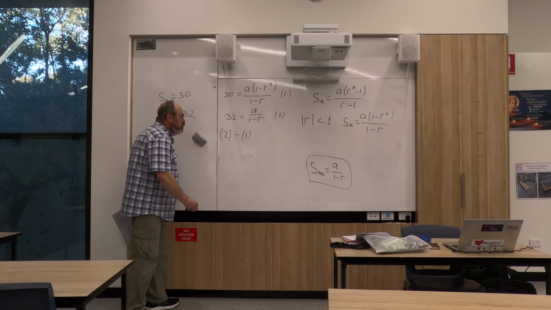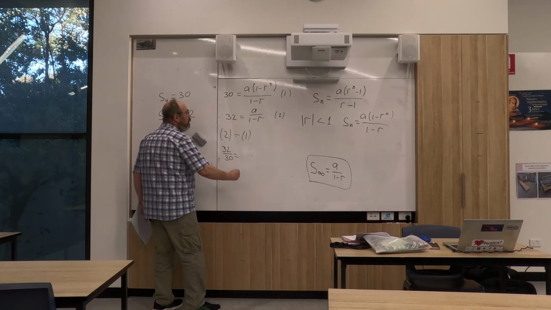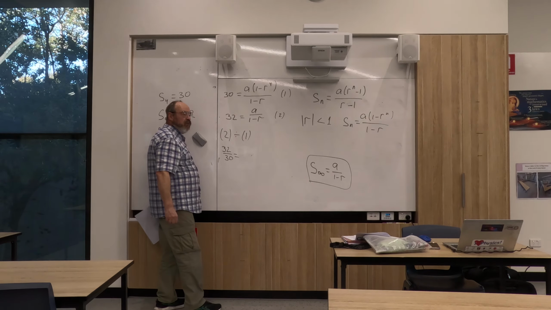What happens when we divide? So we get 32 over 13 equals 1 over 1 minus r to the power of 4. This cancels out a over 1 minus r.